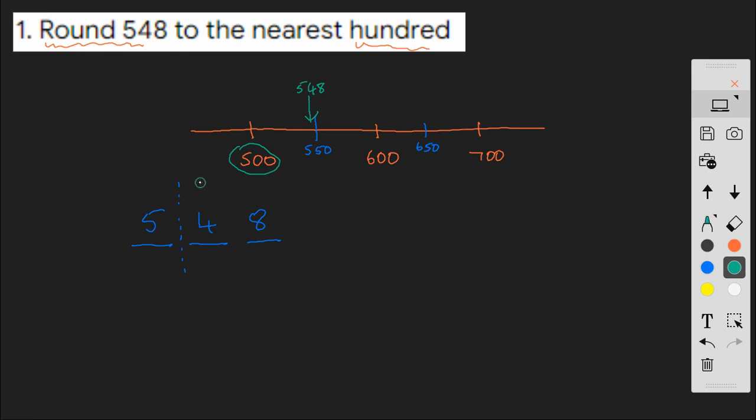So what we're going to do is look at the next column along where we've got a 4, and we're going to say, is this greater than or equal to 5? No. This hundreds digit stays as it is, and everything beyond it becomes 0. So our answer is 500.